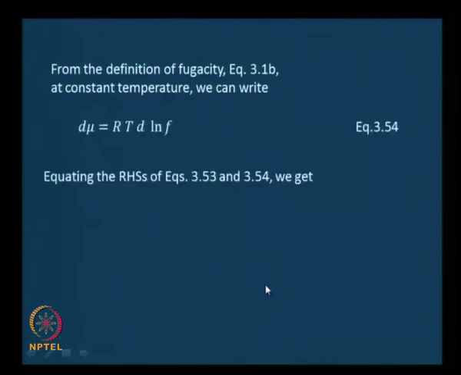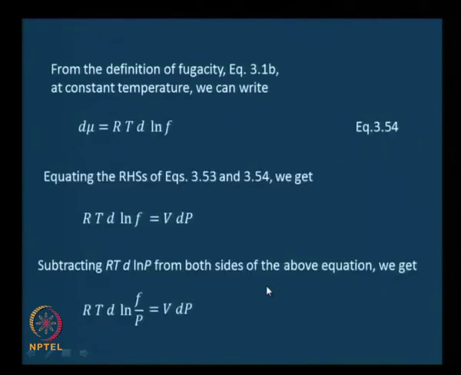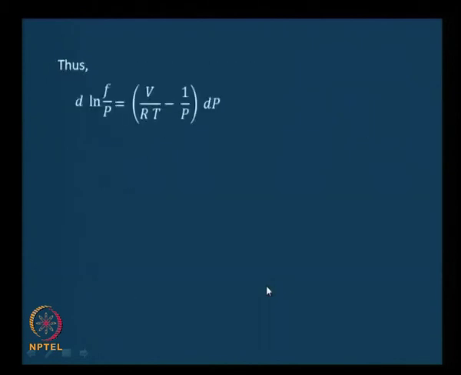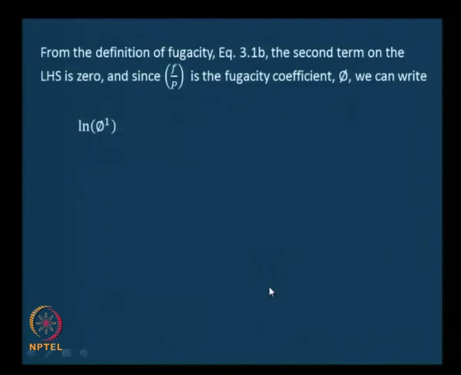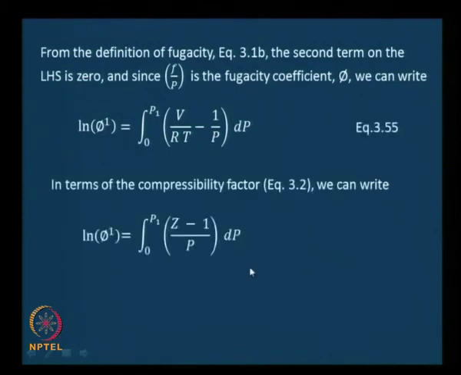Then we went ahead with the derivation, to get to this particular expression, which is the penultimate expression: ln of phi1, the fugacity coefficient at point 1, is the integral from 0 to P1 of (V by RT minus 1 by P) dP, and in terms of the compressibility factor, this can be written as integral of 0 to P1 of (Z minus 1) by P dP.